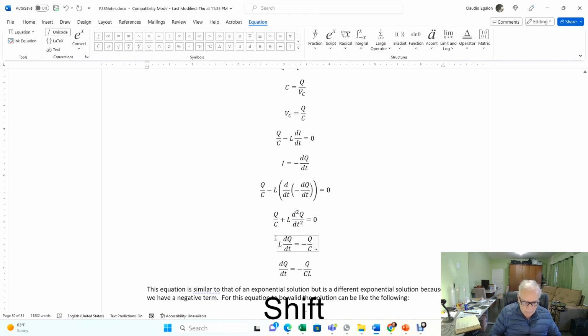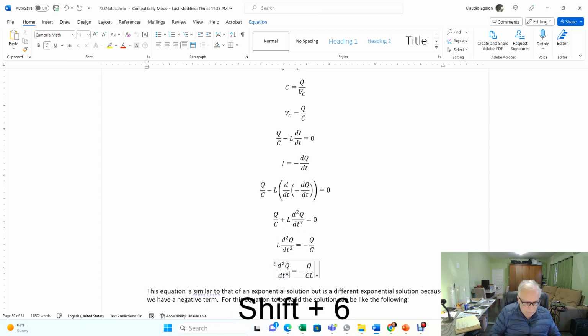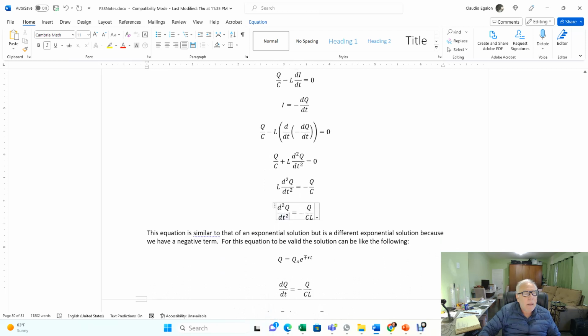Second derivative here, second derivative here. Not a first derivative, but a second.